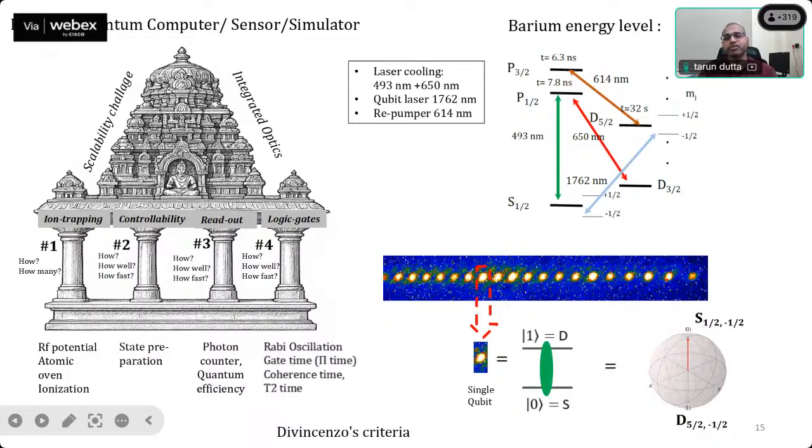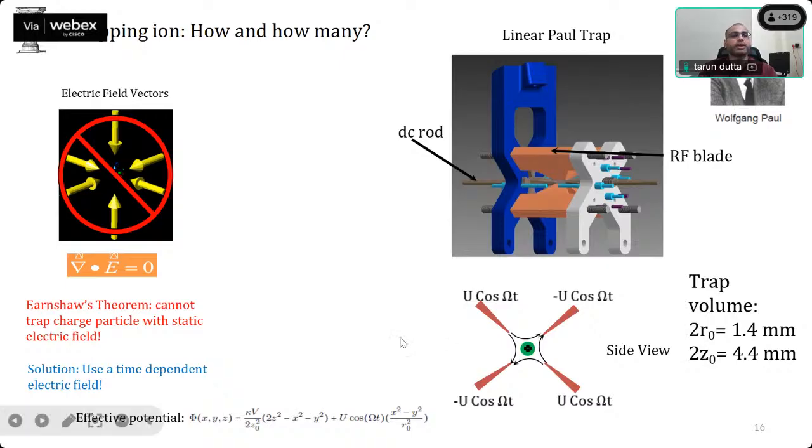On the Bloch sphere, S1/2 minus half is the 0 state, and D5/2 minus half is the 1 state.